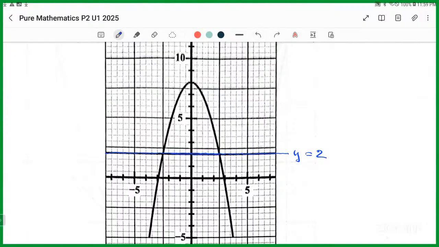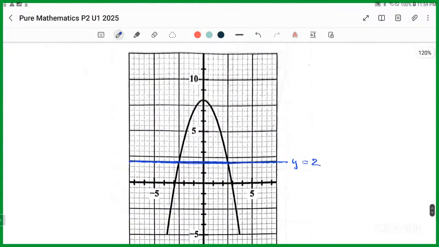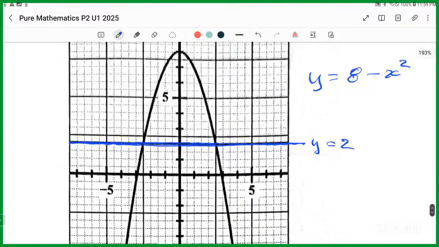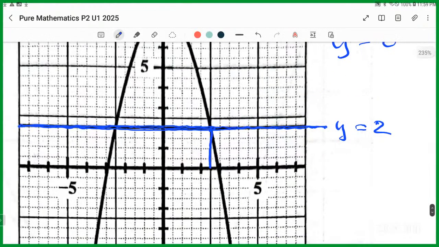The other curve is y equals 8 minus x squared. And they intersect here and here.